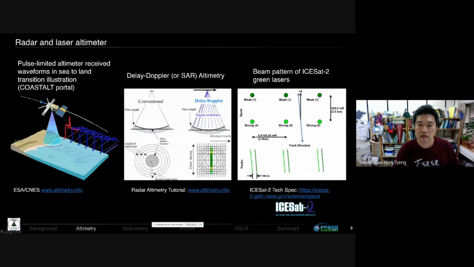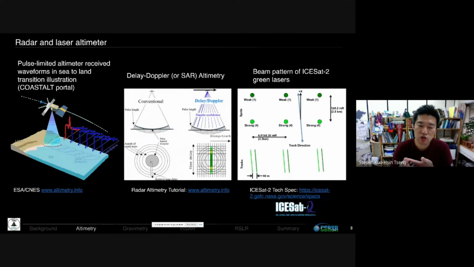As I said, the new technology is called SAR altimetry. SAR altimetry utilizes a delayed Doppler. Delayed Doppler means that when the satellite moves in a certain direction, the sensor can check the coherence between the last and the next measurement.